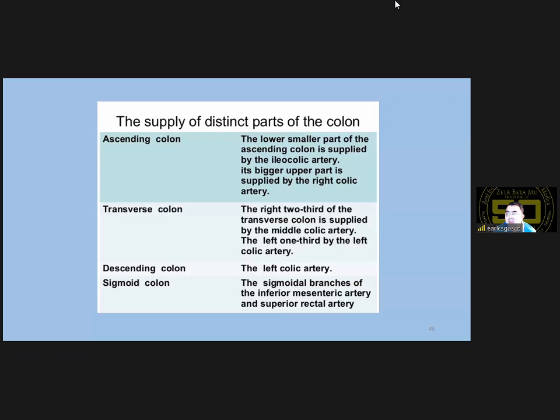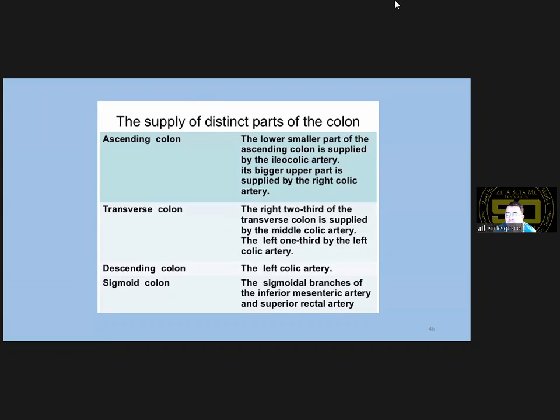Now, the supplies of the specific parts of the colon. The ascending colon, the lower smaller part is supplied by the ileocolic artery, its bigger upper part by the right colic artery. Again, transverse colon, as I mentioned earlier, right 2/3, middle colic, which is a branch of the SMA, left 1/3, left colic, which is a branch of the IMA.